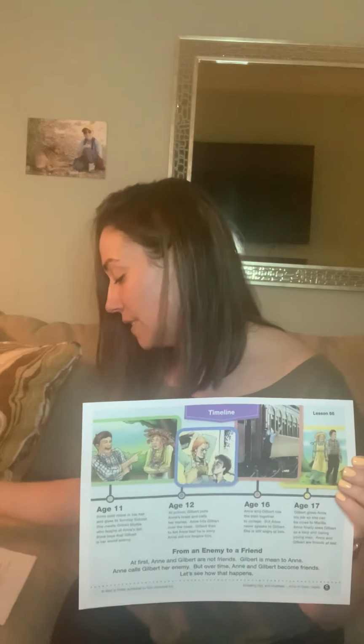And when we read the timeline, we're going to start on the left, like I said, and we'll work our way to the right. And that way it'll be easy for us to tell how Anne's relationship with Gilbert changed from the beginning to the end of the story. All right, so follow along while I read out loud.